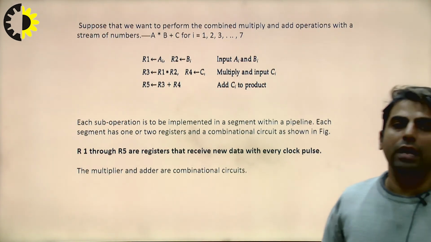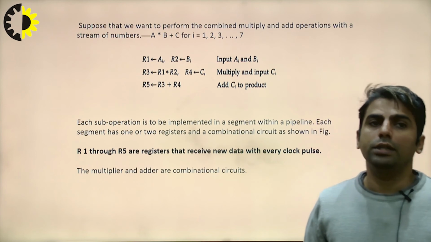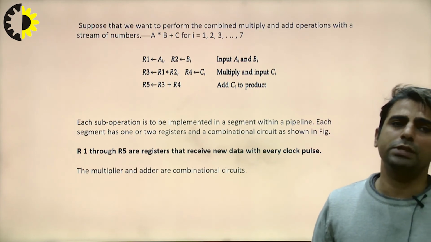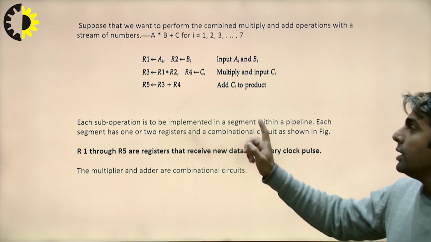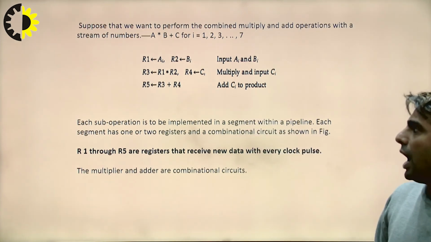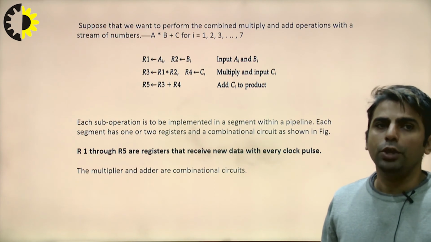Then we have R3 plus R4 in the next clock pulse, which is being stored in R5. Add CI to the product. See, in R3 we have R1 into R2, that means AI into BI.